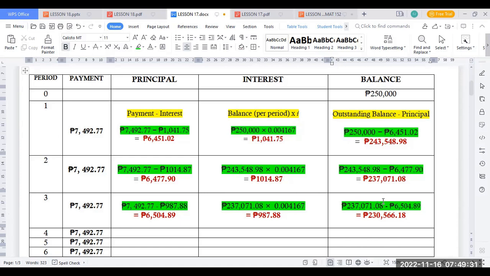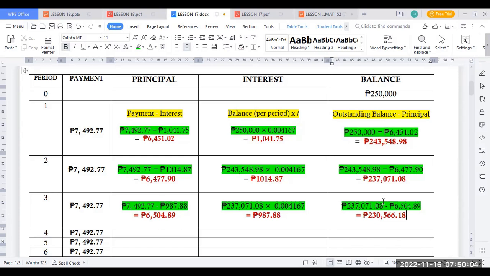And then after computing for the interest, compute nyo na si principal. So you just subtract yung payment. Okay? Payment is fixed then. That's 7,492.77. So yung payment minus yung interest na na-compute mo. That will be the principal. And then after computing for the principal, you're gonna compute for the balance. Magkano pa ba yung balance mo after the period 1?